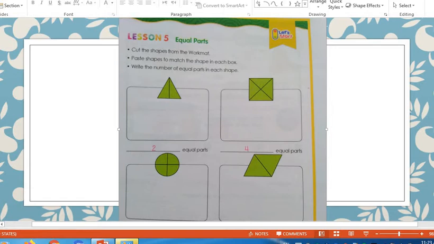And here, if I cut this shape into 4 equal parts, so I will have 4 equal parts here, 1, 2, 3 and 4 equal parts. And here it will give me, this circle will give me what? 4 equal quarters here. And this one will give me 1 and 2 triangles here. So this is how to cut into equal parts.